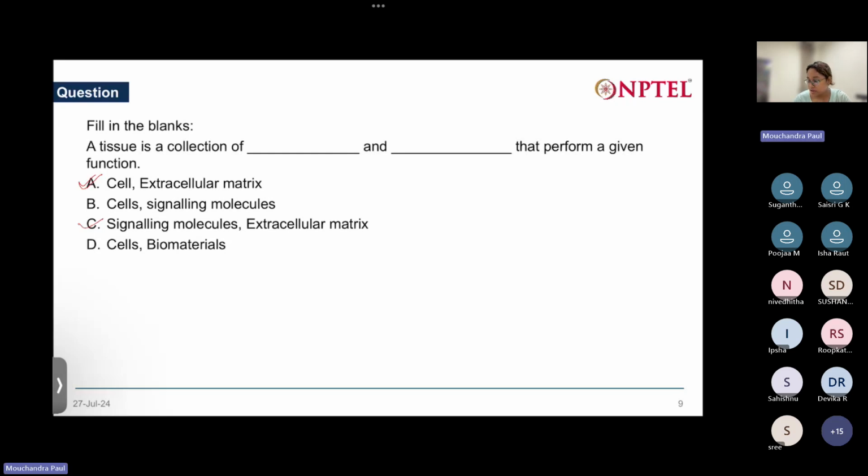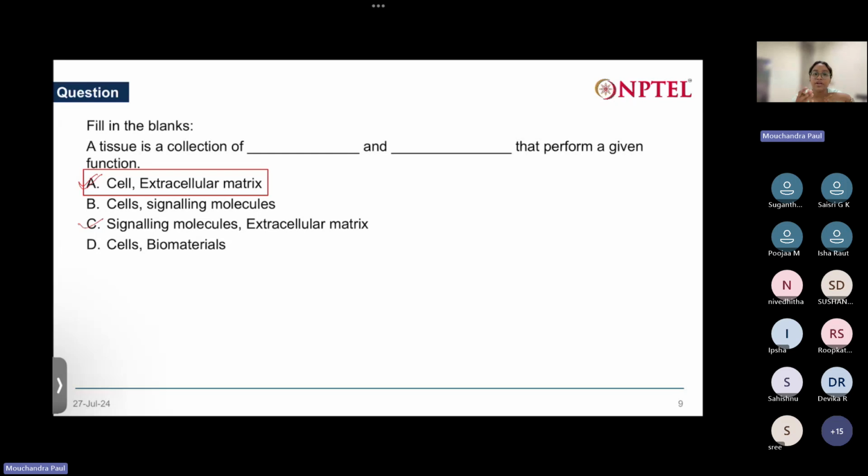Okay. So the correct answer is cell and extracellular matrix. So a tissue, any tissue for that matter, whether it's skin, kidney, liver, is basically composed of two main things: the cells of that particular organ type, whether skin cells or liver cells, and cells need something solid onto which they can adhere, grow and spread.